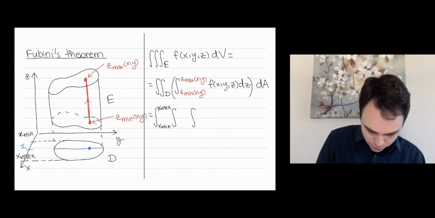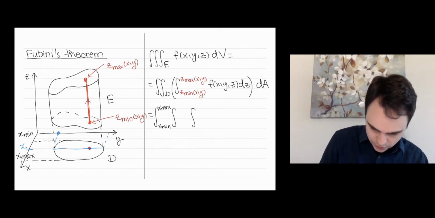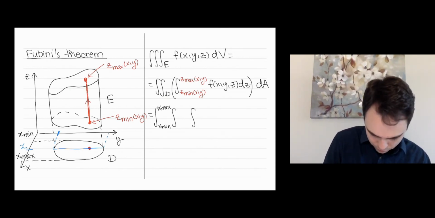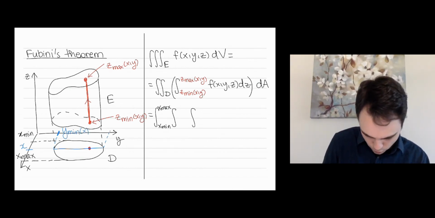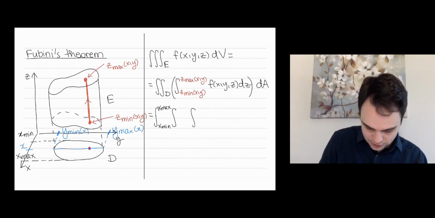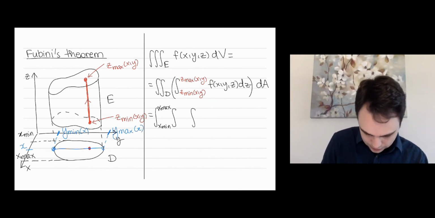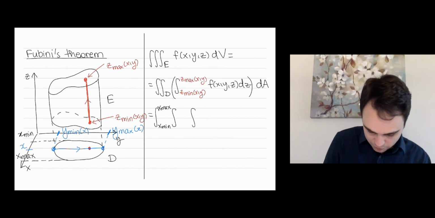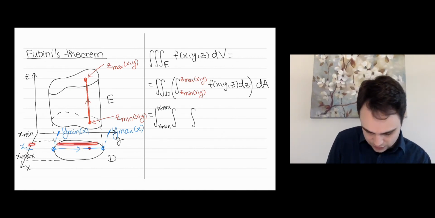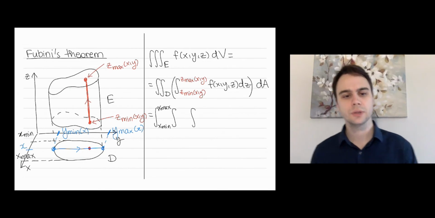The bounds for the inside integral are these numbers over here. So we have y min in terms of x and y max in terms of x. You can see that these minimum and maximum values for y depend on which x I fixed. If I had chosen this x, I would get this segment, and the minimum value would be this and the max value would be that, which would be different.